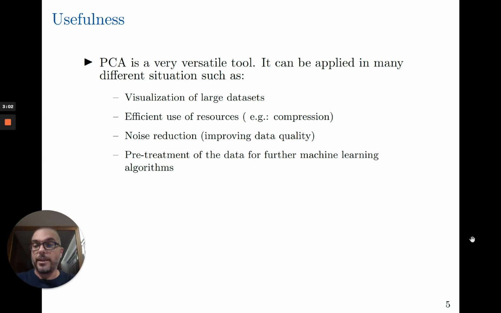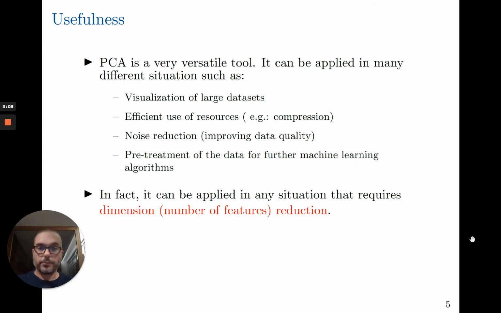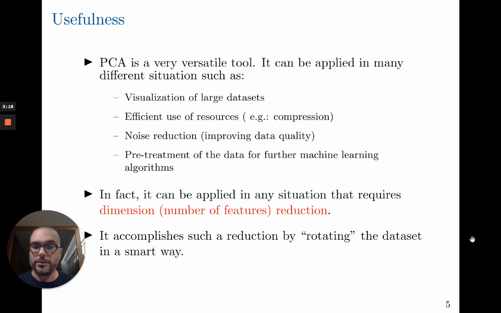This new data set will have a dimension that is smaller than the original data set. Okay? So in fact, it can be applied to any situation where we want to reduce the number of features, that is, dimension reduction. And it's very simple to compute. It's just a rotation of the original data set, but it's a rotation in a very smart way.